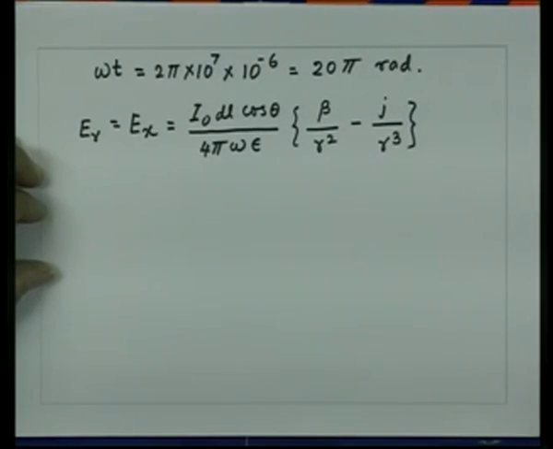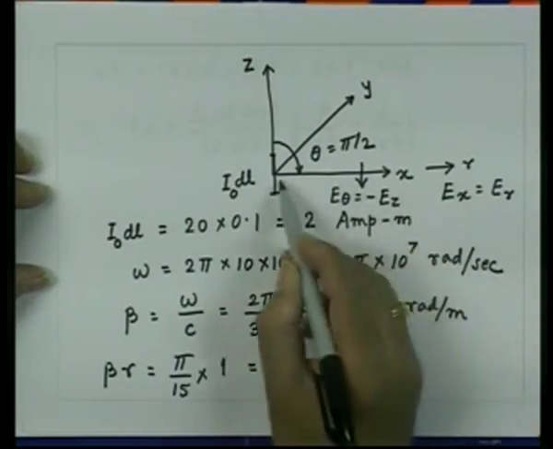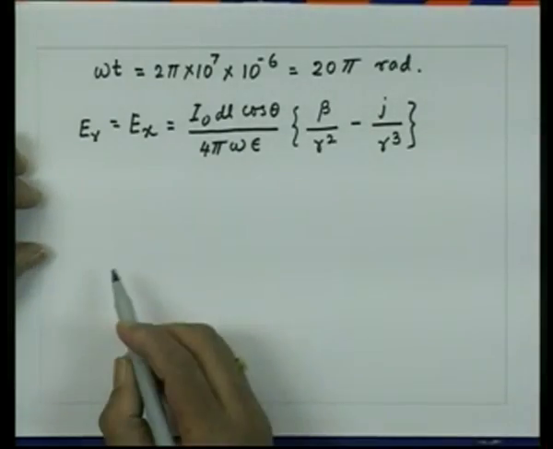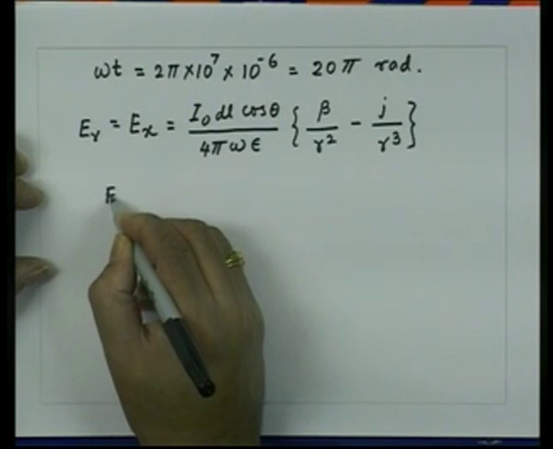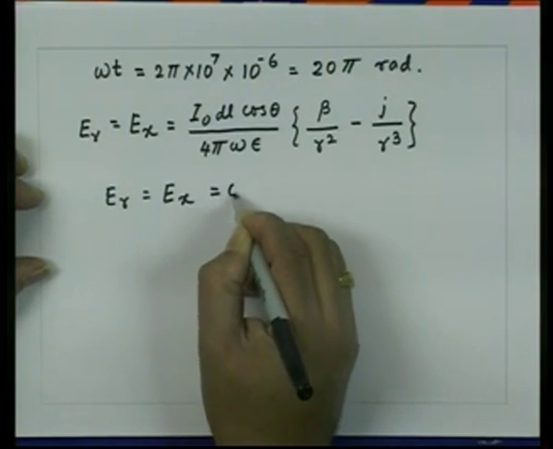I 0 is the peak current, which is same as this. And in this case, since theta for this point, which is 1 meter away along the x axis, is pi by 2, this cos theta will be equal to 0. So, in this case E r, equal to E x, will be equal to 0.